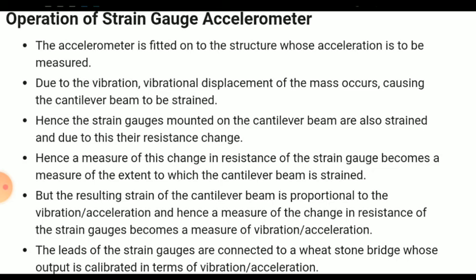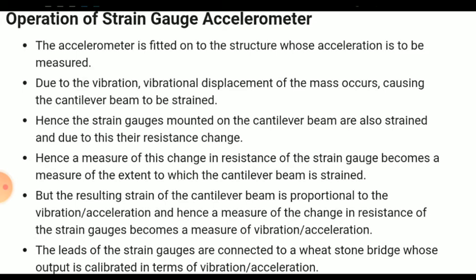So you can see the operation of the strain gauge accelerometer. The accelerometer is fitted on the structure whose acceleration is to be measured. Vibrational displacement of the mass occurs, causing the cantilever beam to be strained. Hence, the strain gauges mounted on the cantilever beam are also strained, and due to this, their resistance changes.